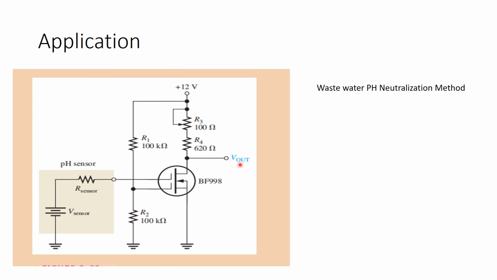This output voltage is comparable with the pH level of the wastewater, and it will help you determine whether the water impurity is alkaline, acidic or neutral. This completes my presentation.